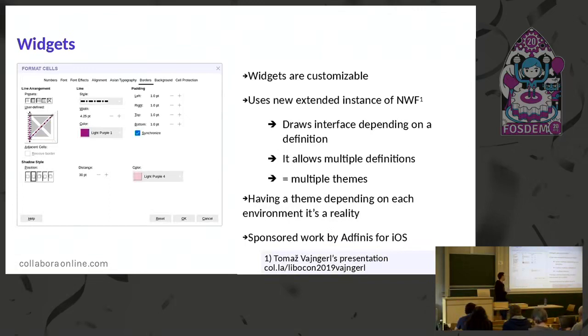Now it's really cool that we open Collabora on an iPad, and without doing anything, it just knows that it's an iOS device, and it serves you the right theme with iOS-like components. We'll see this later on. Sorry for the bullets, I also don't like them that much, but we'll see more pictures.